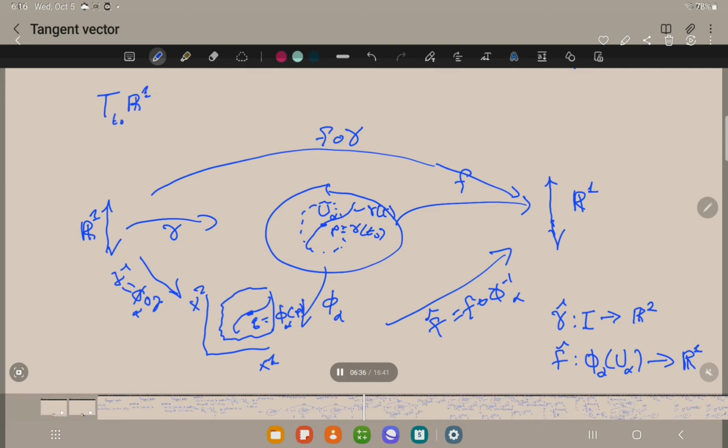And then looking up here, you see that whenever you have a mapping from R1, in this case gamma, you're going to induce a tangent map or push forward map of an operator. In this case, the operator on R1 is going to be d/dt, where d/dt is considered tangent to R1.